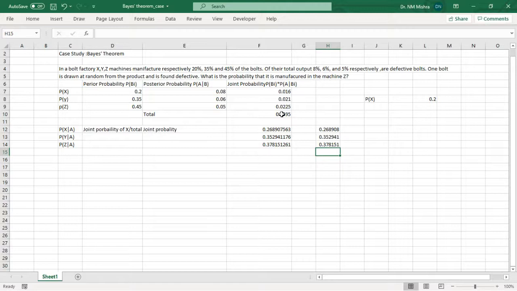We have seen 2 types of events are possible: mutually exclusive event, there is no common event in between, and collectively exhaustive event.